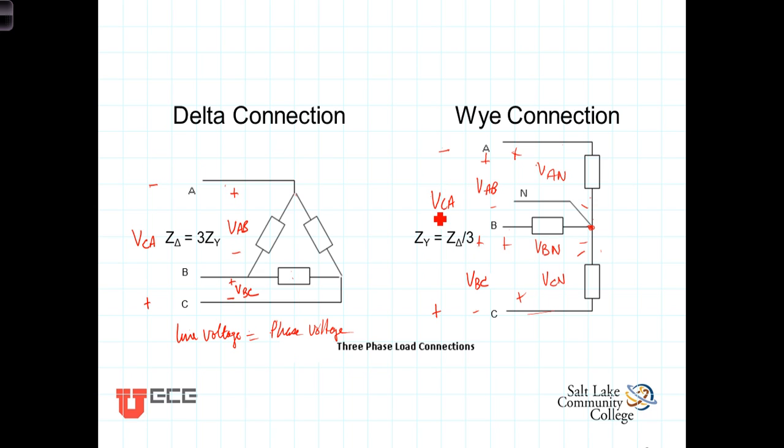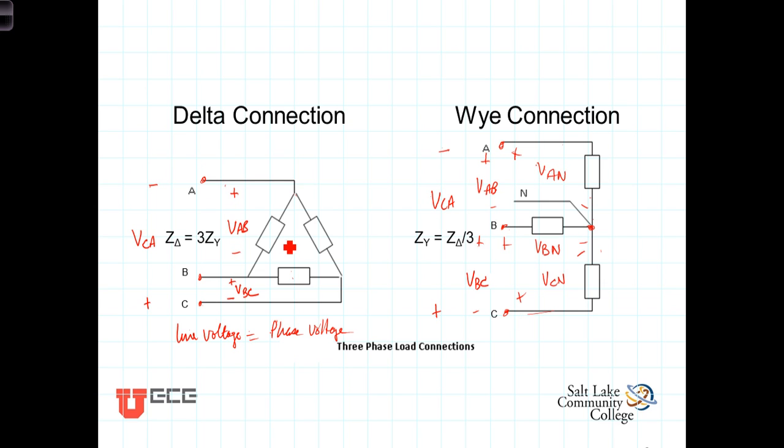They cancel each other. And similarly, VAN plus VBN plus VCN equals 0. Over here on the delta connected load, the line voltages VAB, VBC, and VCA similarly constitute a balanced set of three-phase voltages. Notice that these points, point A, B, and C, and the points over here, A, B, and C, are equivalent points.